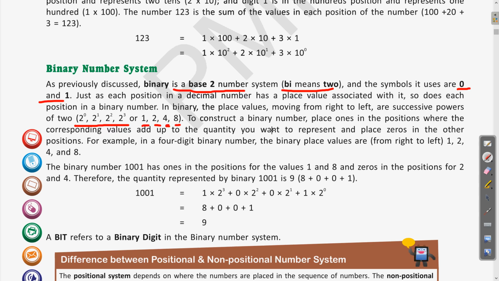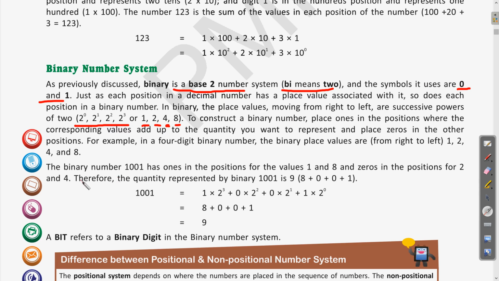So to construct a binary number, place 1 in the positions where the corresponding values add up to the quantity you want to represent, and place zeros in the other positions. Okay, for example, in a 4-digit binary number, the binary place values are from right to left 1, 2, 4, 8. So this is showing you how we can make the numbers in the binary system.